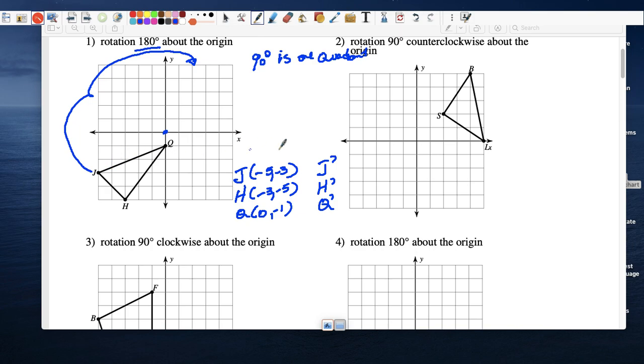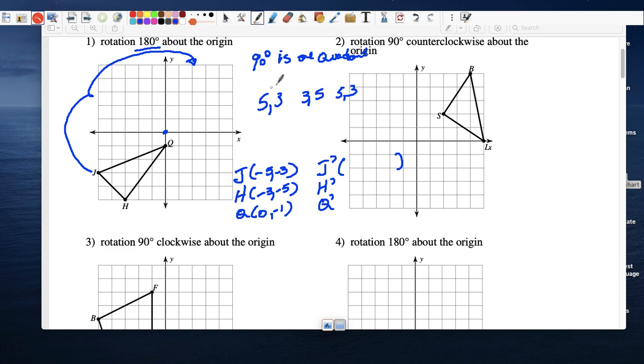So point J, and if you remember that little trick we did in class, or you can remember the rule, when it's a 180 degree rotation, negative 5 and negative 3 switches position, so let's not worry about the sign. So 5 and 3 becomes 3 and 5, and then becomes 5 and 3, right?